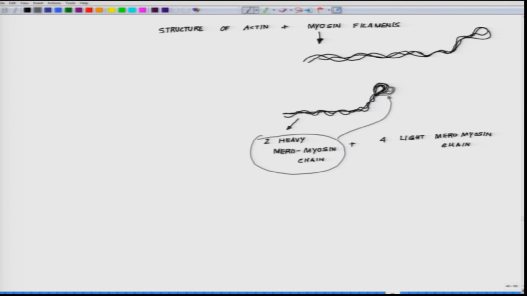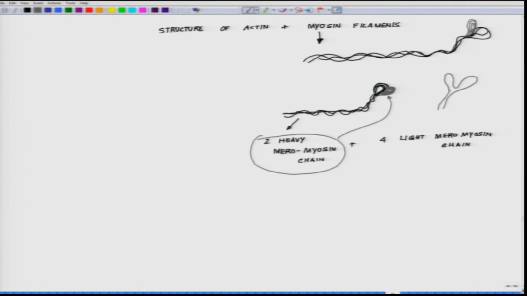Now I add one more piece of information, which was the reason I did not tell you yesterday. This head is actually something like this. It is kind of a fork, as if there is a flower with 2 petals. If you have to remember, it is something like this.